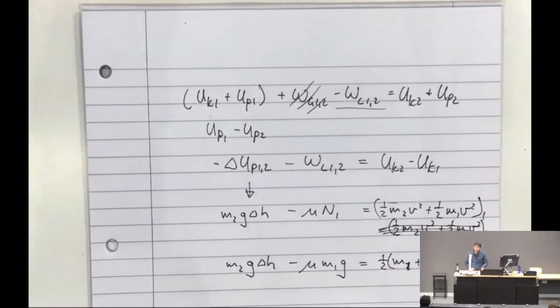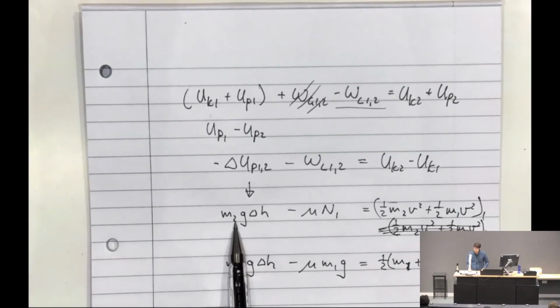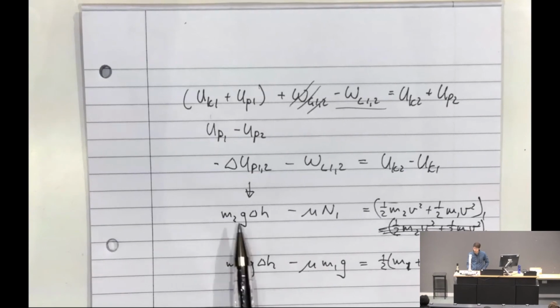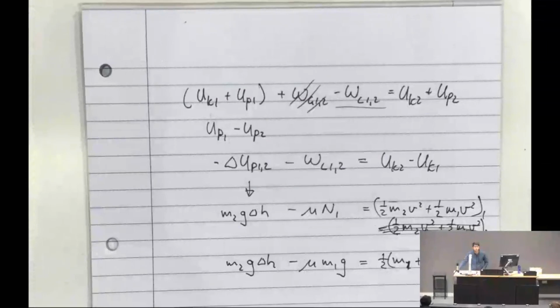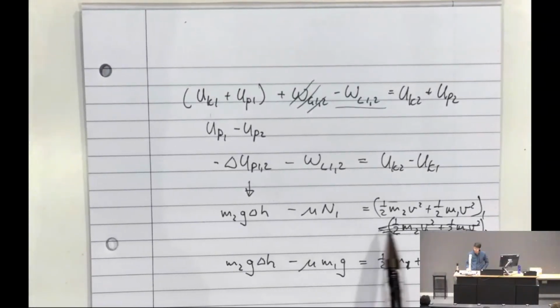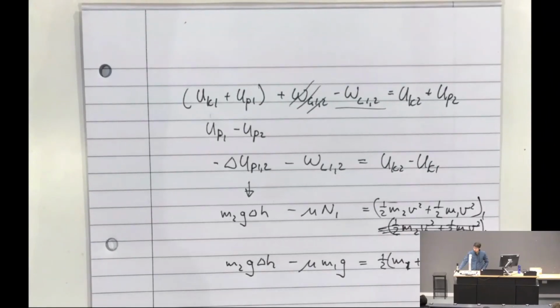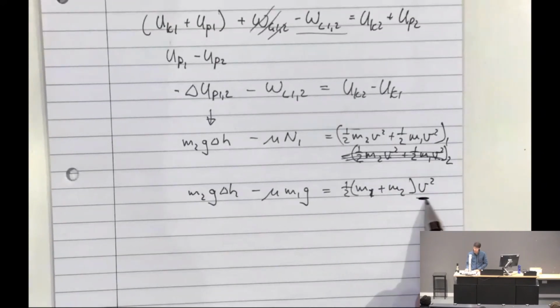The potential energy of mass 2 is decreasing, so we can say the difference between the potential energy of the two states is mass 2, because that's the only one that is changing, times the gravitational acceleration times the distance changed, which is 2 meters. And then we have our work lost, which is our frictional forces, and that equals the kinetic energy. And now you can just put all the values in. The only unknown in this case is our velocity there.